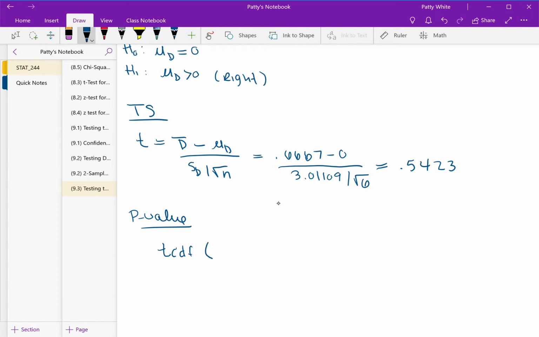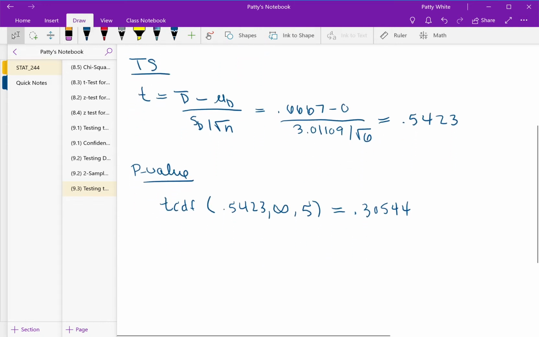Our lower limit is going to be this positive 0.5423 up to infinity. Our degrees of freedom is going to be the number of samples minus 1, which is 5. And that should be equal to 0.30544. So we have a pretty big p-value. We do not need to multiply it by 2 because, again, we have a one-sided test.